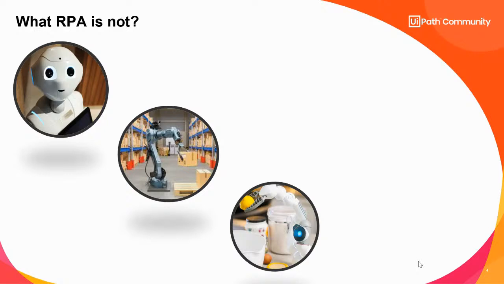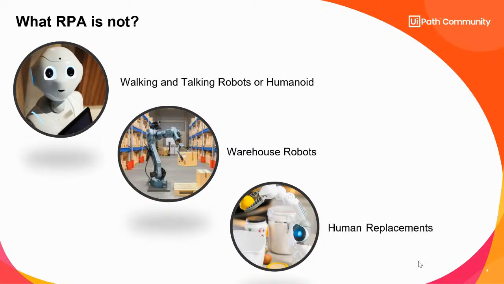It's purely inbuilt software which will be installed on your desktop, on your VMs, on your laptops, and just helps you to perform some of the actions. Walking and talking robots? No, they are not. Warehouse robots do not fall under robotic process automation and human replacements. You might have seen bionic arms. None of such fall under robotic process automation definitions.